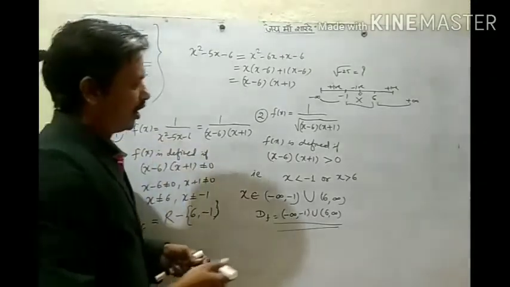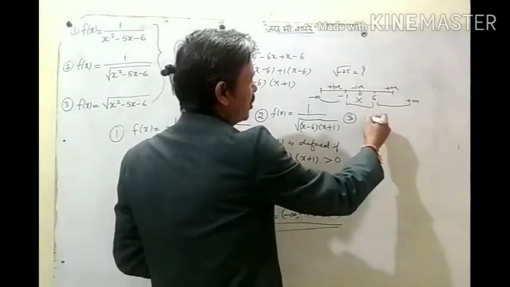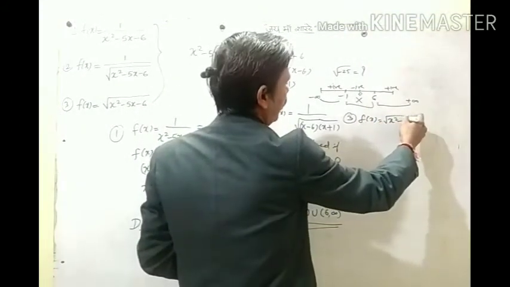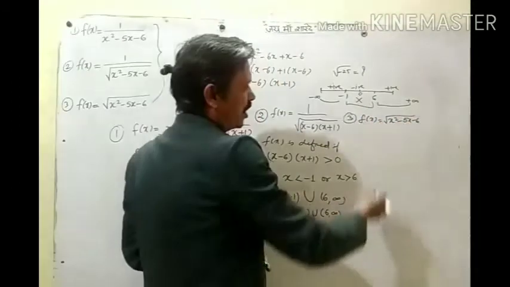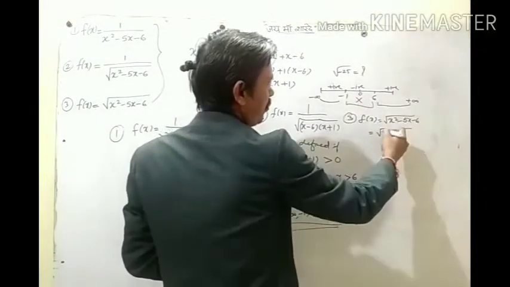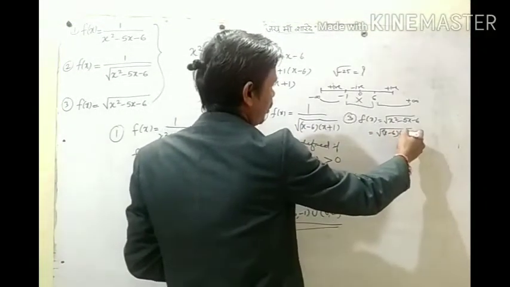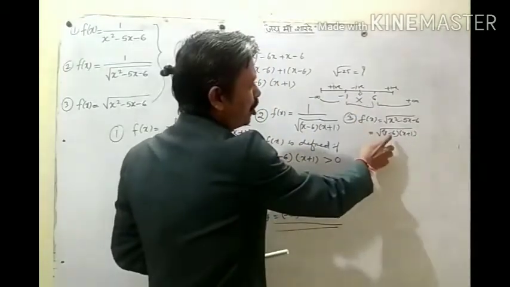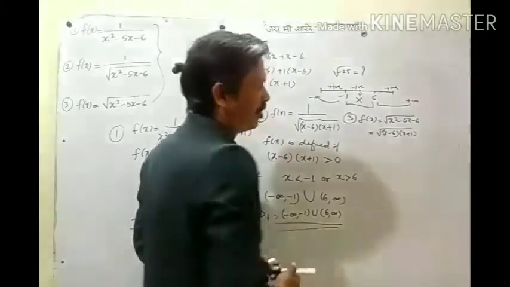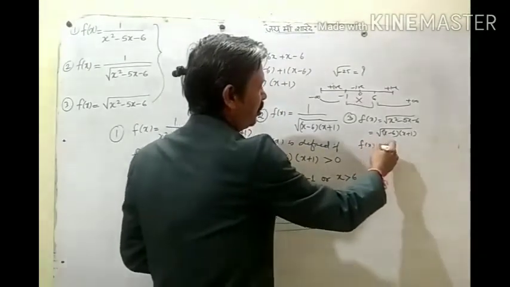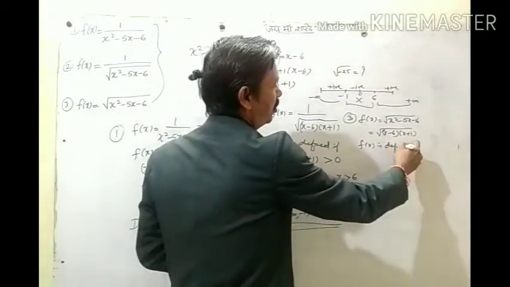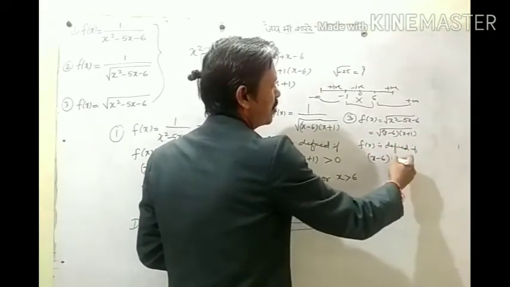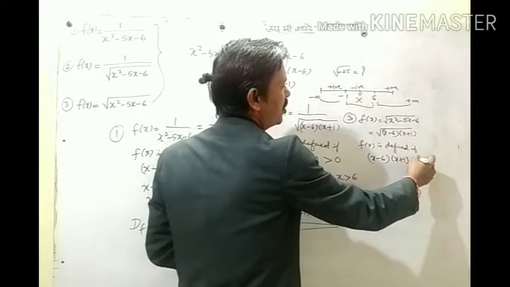Okay? Then the third function is root of x square minus 5x minus 6. The same thing will come here also: x minus 6 into x plus 1. For this also we will see the same thing. It should be more than 0 for f of x to be defined.